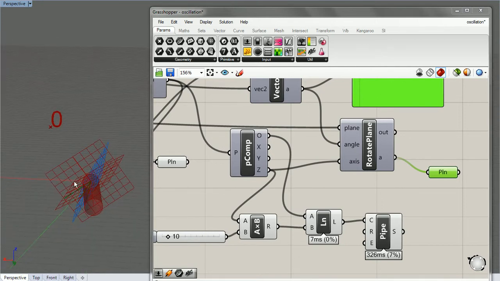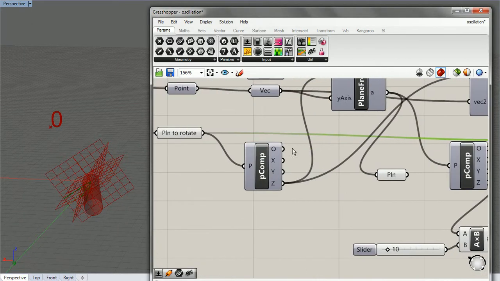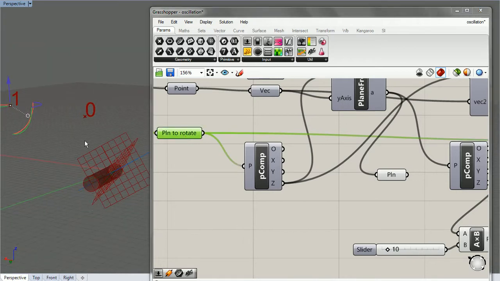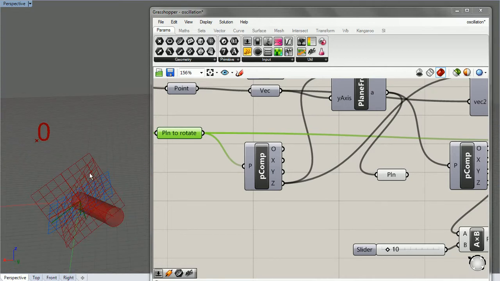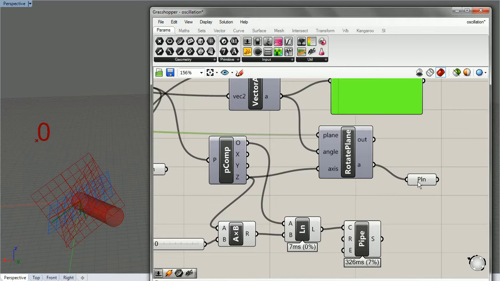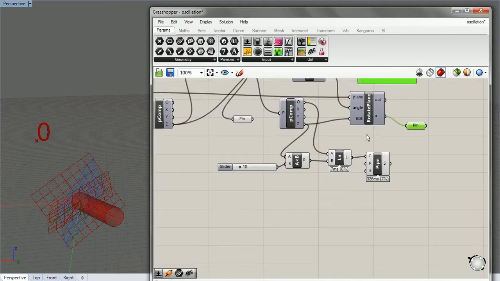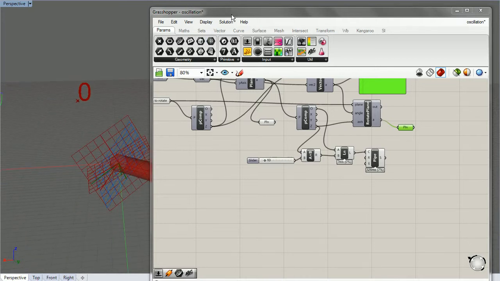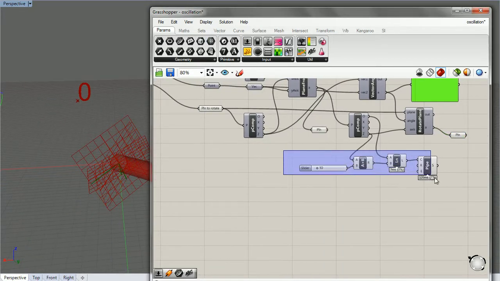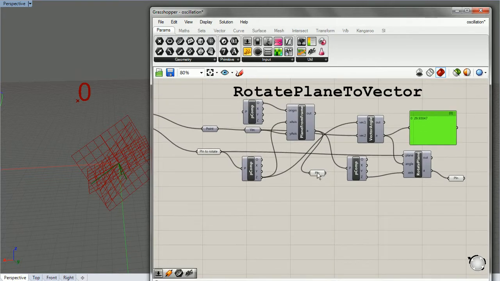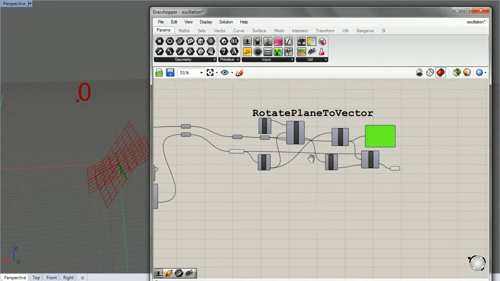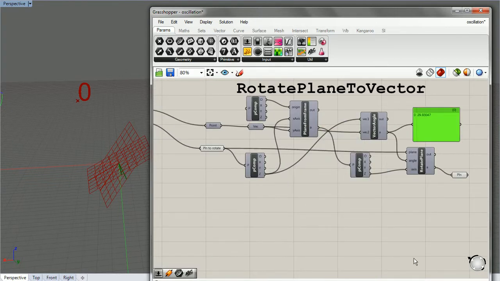So like I said, this right here rotates that plane around this axis by this many degrees to give us this plane. Okay, so now that we have checked that out, let's go ahead and write this component in Python.